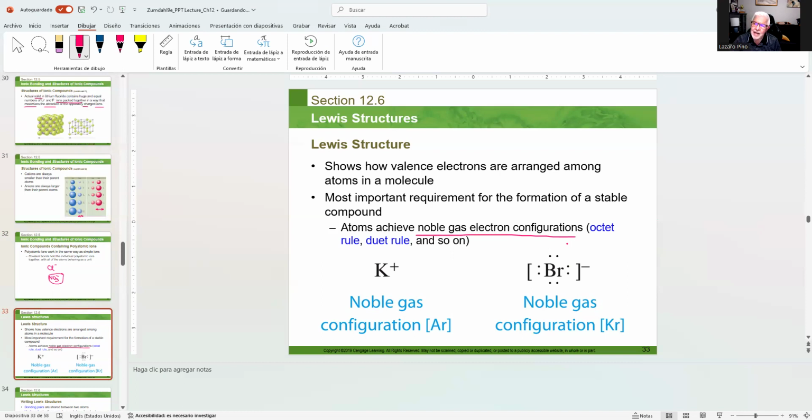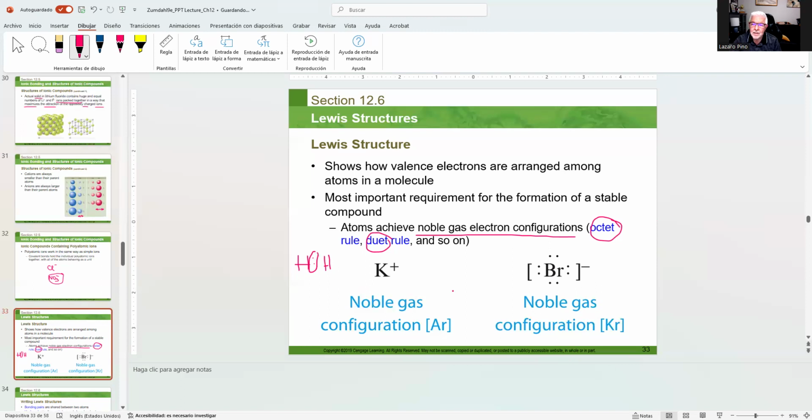And in this case, they try to get an octet, or they try to get a duet. For example, for hydrogen, as they are in period 1, they try to get a duet like this.